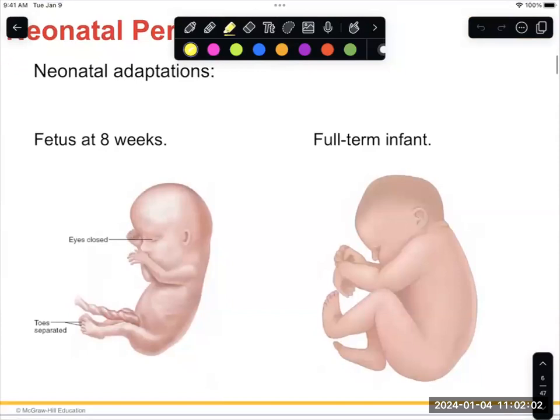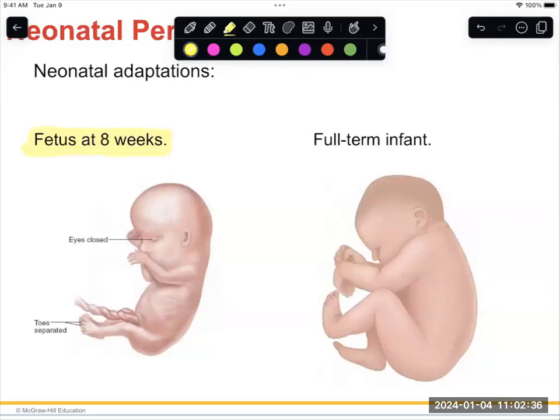This neonatal period is during fetal development. Fetal or fetus is a term that is used starting at 8 weeks. Before 8 weeks, it's known as an embryo for those first 8 weeks, but from 8 weeks on, it is known as a fetus.